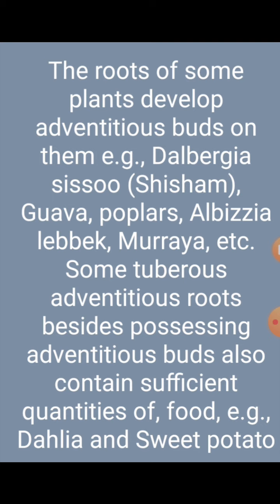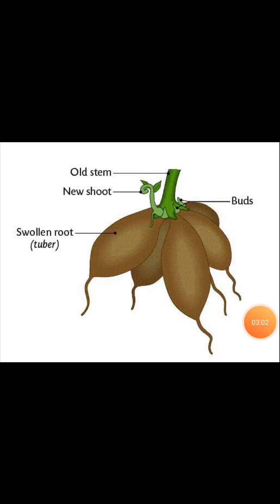And some have tuberous roots, where the buds develop into a new plant. For example, Ipomoea batatas, sweet potato, Dahlia, and tapioca, etc. This kind of root can develop into a new plant. The swollen roots, tubers, develop new plants.